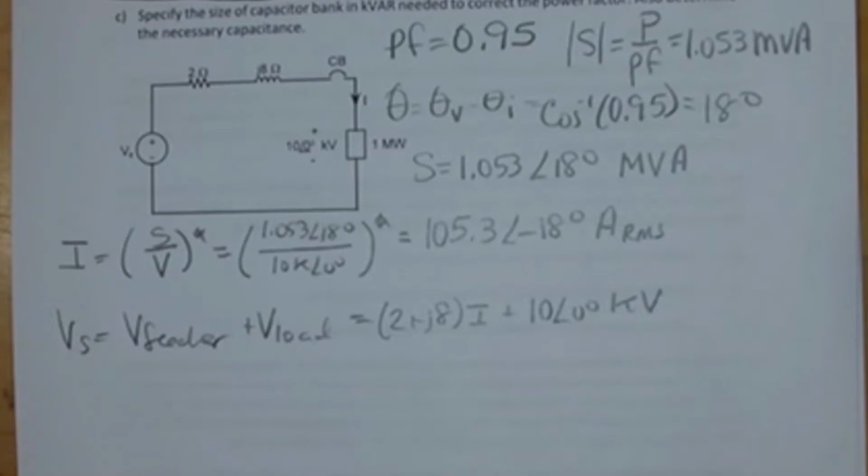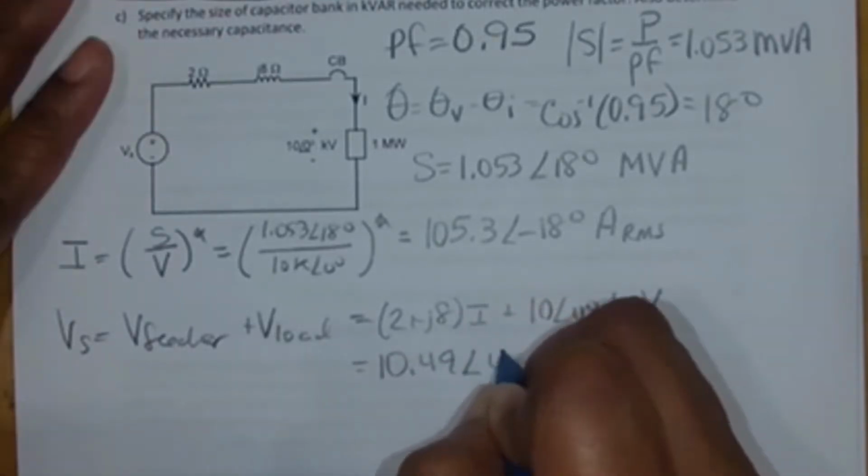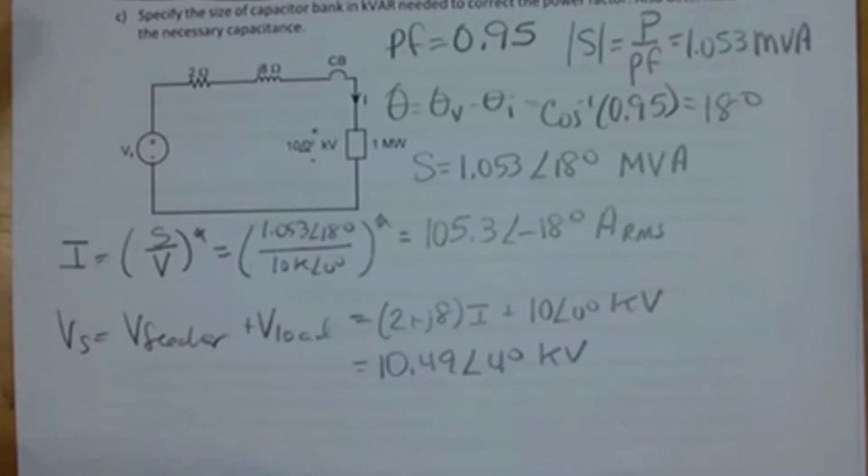The voltage at the source is 10.49 with an angle of 4 degrees in kilovolts. So another good thing is we went from needing 11.59 kilovolts to 10.5 kilovolts. So the voltage at the source is now also less. I only need 10.49 kilovolts to supply a load with 10 kilovolts.